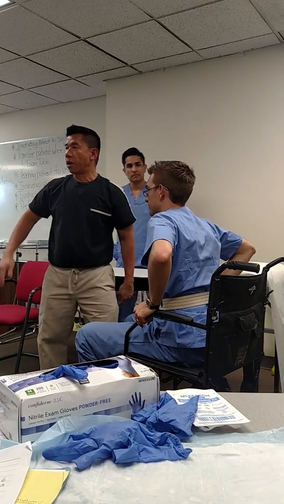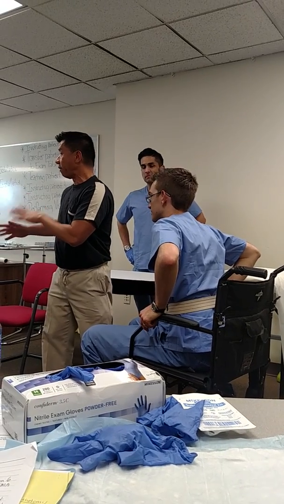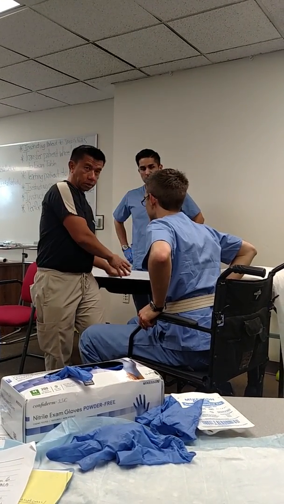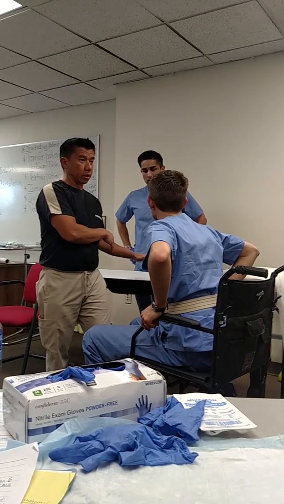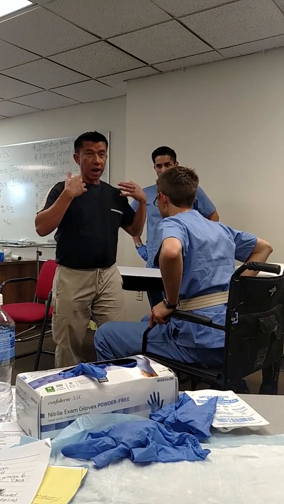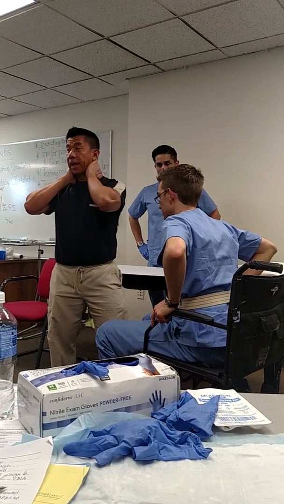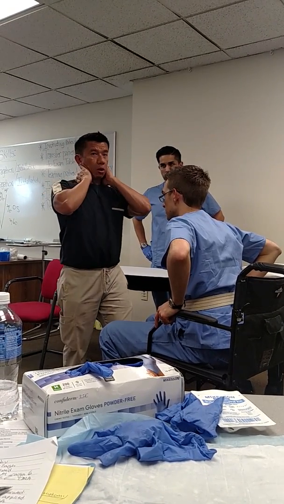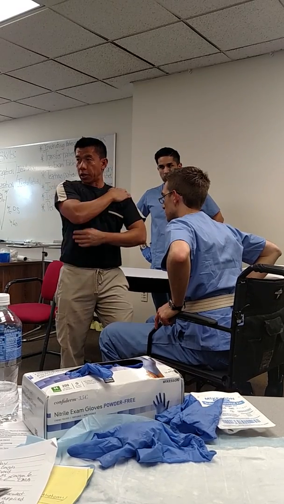Wait. Now, this is a patient that is having a hard time, what? Walking or standing or even transferring from the wheelchair to the exam table. So I'm going to have the patient hold, not on my neck. Where would he be holding me? On the shoulder.